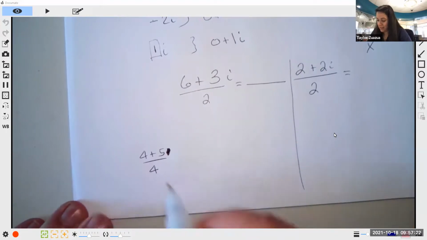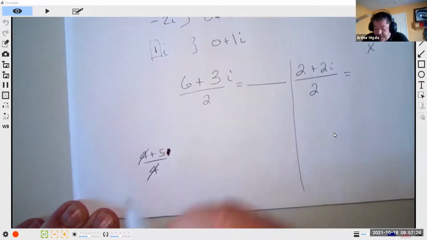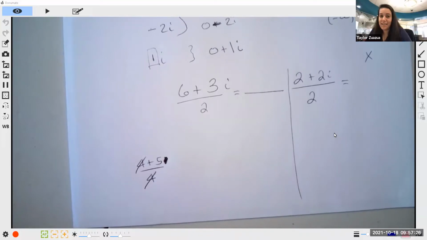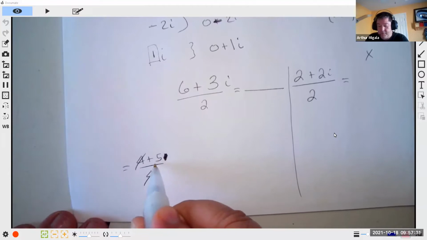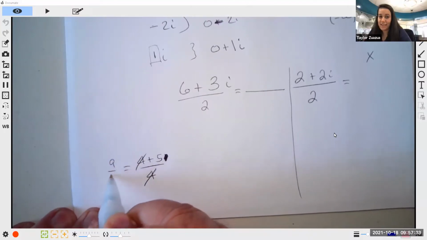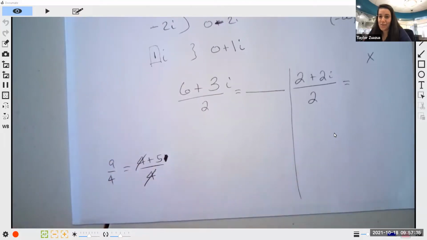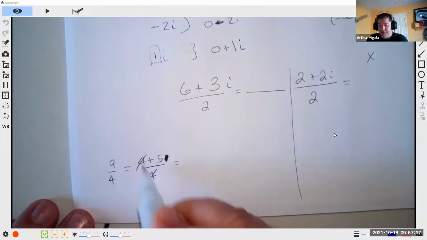So what you're saying is I could cancel this 4 and that 4. But what does 4 plus 5 equal? 9. 9 over 4. But if I cancel those, what do I get?